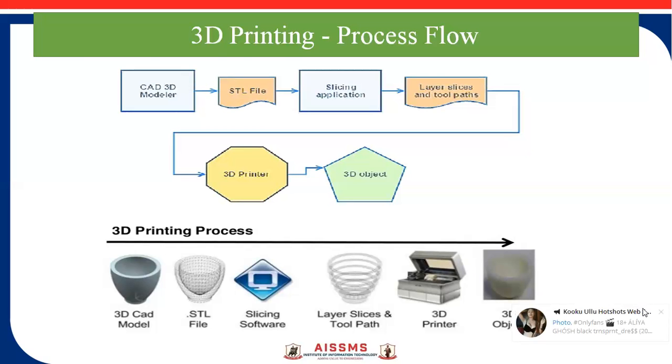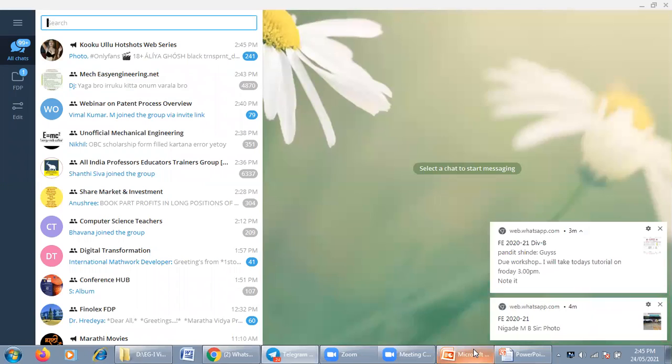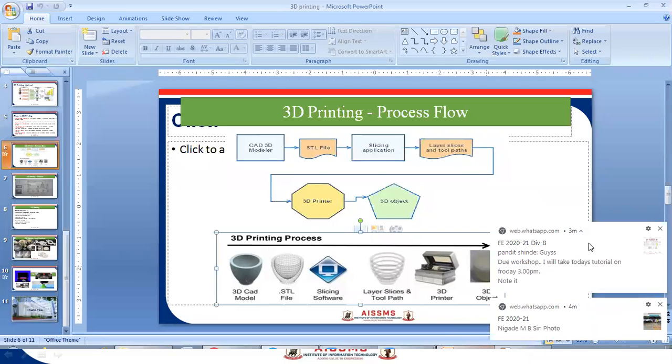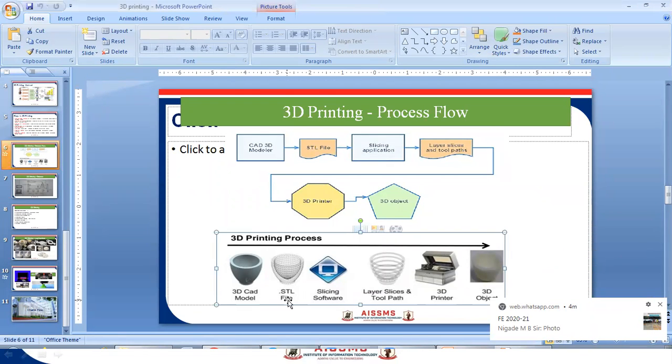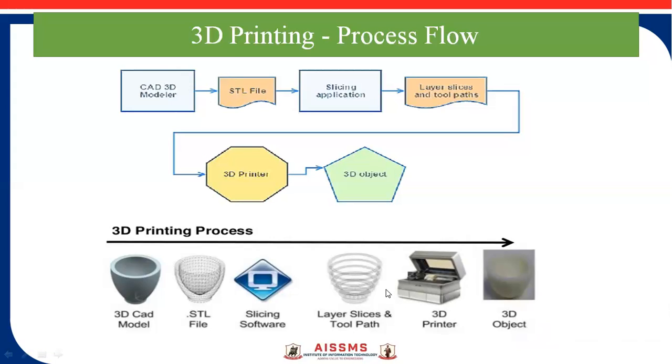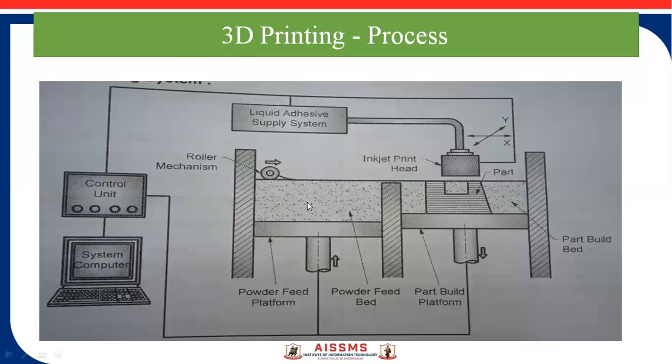The .stl file is generated. Then we have the 3D CAD .stl file, slicing software, layer slice toolbar, then the 3D printer and 3D object. So this is what we have seen in the 3D printing process. This is a simplified diagram where we can understand how the 3D printing process works.